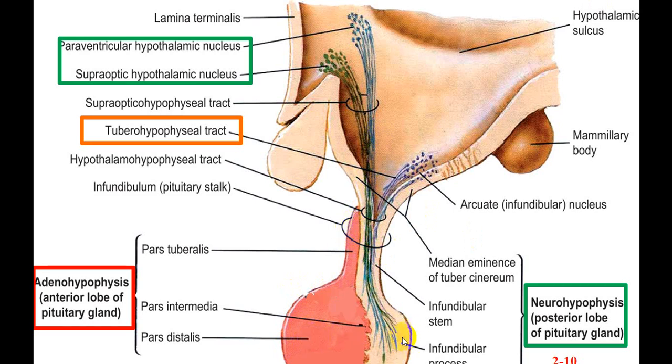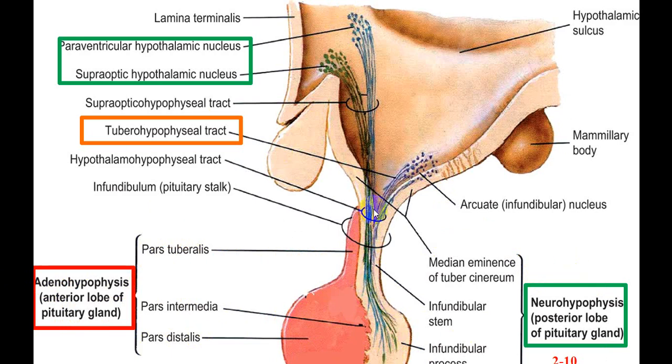This is called pars nervosa, and this is called tuberalis, and the portion in close contact with the posterior pituitary is pars intermedia. Together, tuberalis, intermedia, and distalis are called the anterior pituitary, or adenohypophysis. Adeno means glandular tissue. The neurohypophysis consists of neuronal tissue. So that is a little bit about the neuroanatomy.